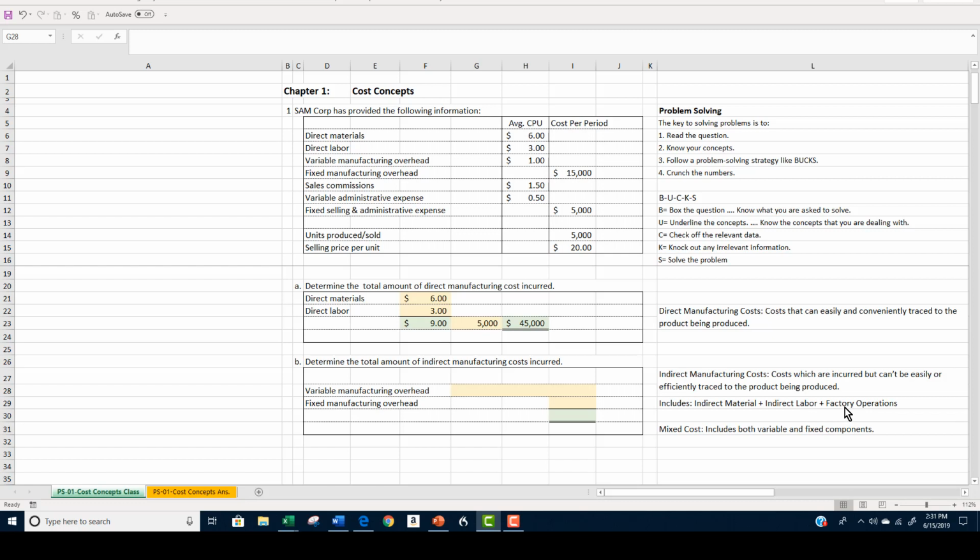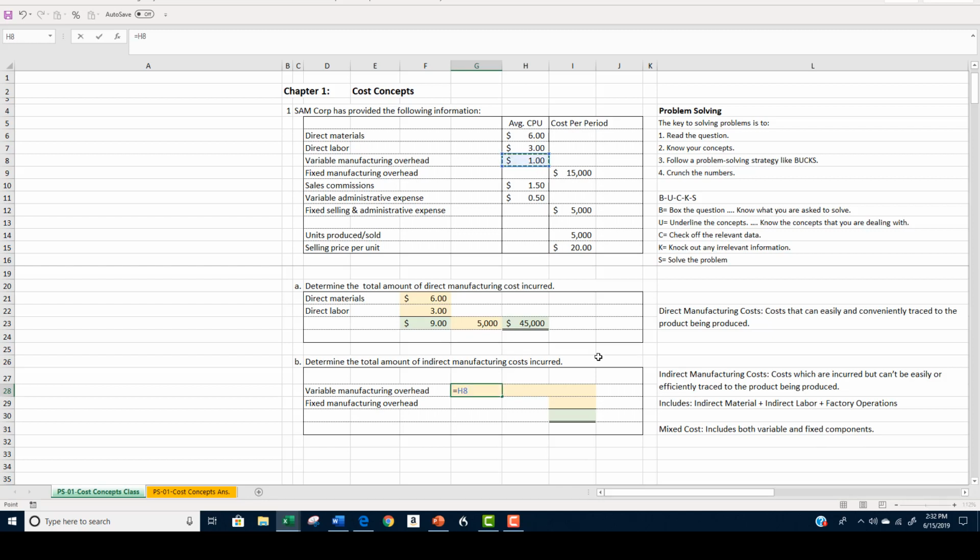The relevant data includes variable manufacturing overhead of $1 per unit, fixed manufacturing overhead of $15,000 per period, and the 5,000 units produced. Any costs related to direct materials, direct labor, SG&A, and selling price are irrelevant. Since indirect manufacturing costs are a mixed cost, we need to determine the variable manufacturing overhead and add it to the fixed manufacturing overhead.